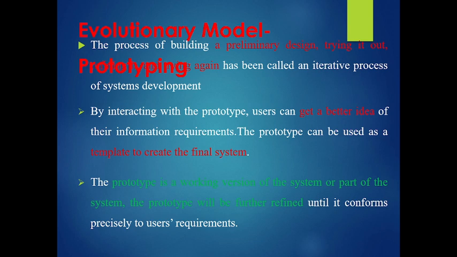Prototype means we are creating one model. By interacting with the prototype, users can get a better idea of their information requirements. The prototype can be used as a template to create the final system. The prototype is a working version of the system or part of the system.